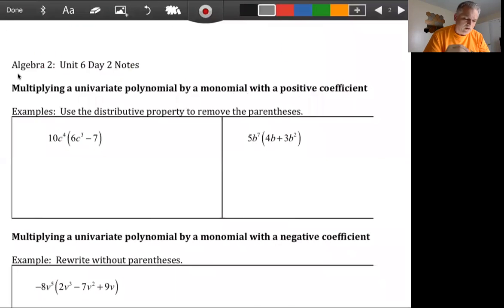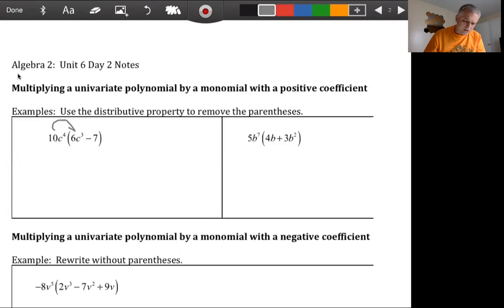Okay, so let's look at the actual notes for today. First example, it looks a lot like what we just did from Algebra 1. We have one term on the outside of the parentheses, and we have 2 terms on the inside of the parentheses. We're just going to distribute. So I'm going to take my outside term, 10c to the 4th, and multiply it by 6c cubed, or 6c to the 3rd. In order to do that, we multiply the coefficient by the coefficient.